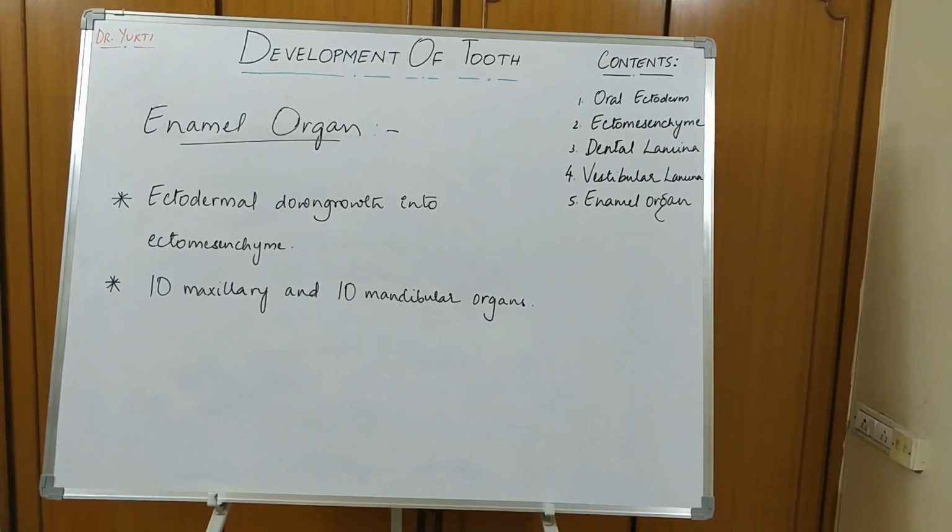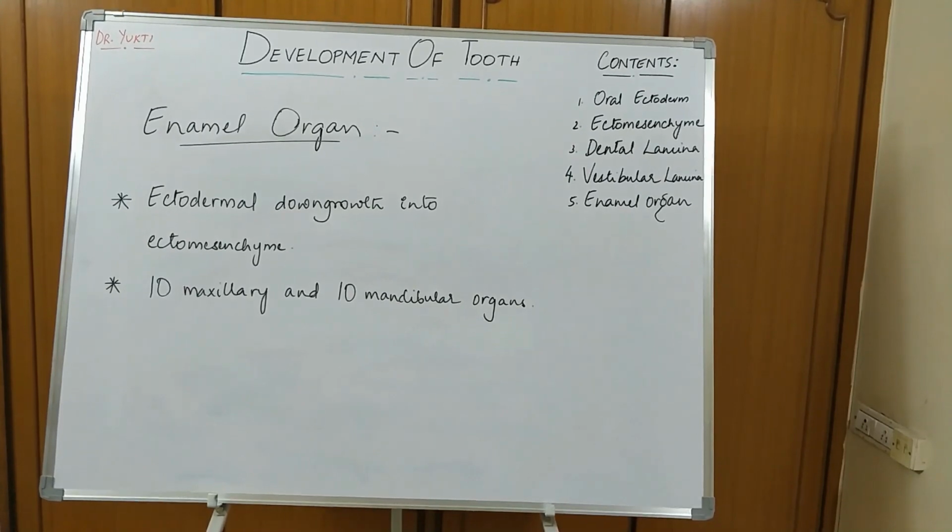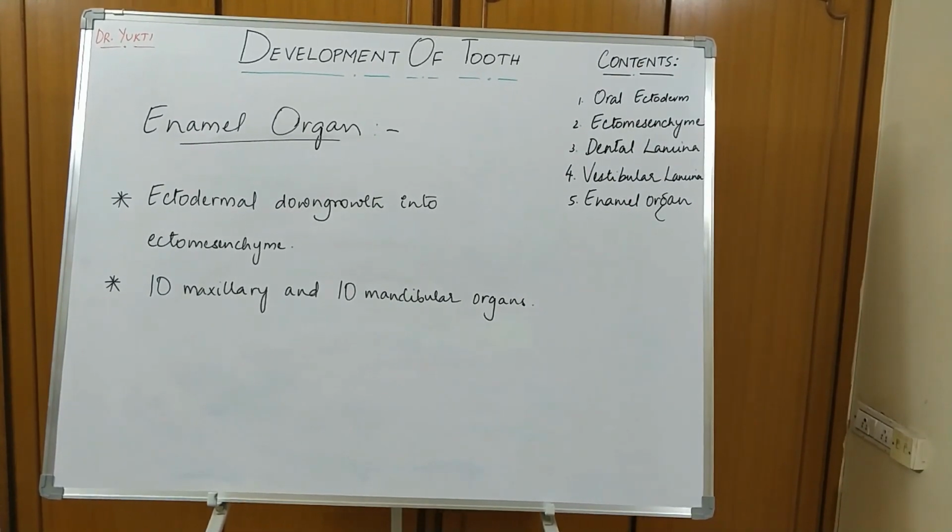One more thing is, all these 10 maxillary and mandibular enamel organs do not form at the same time, because our eruption does not happen at the same time. So which primary tooth erupts first? Very good. It is the mandibular incisors.